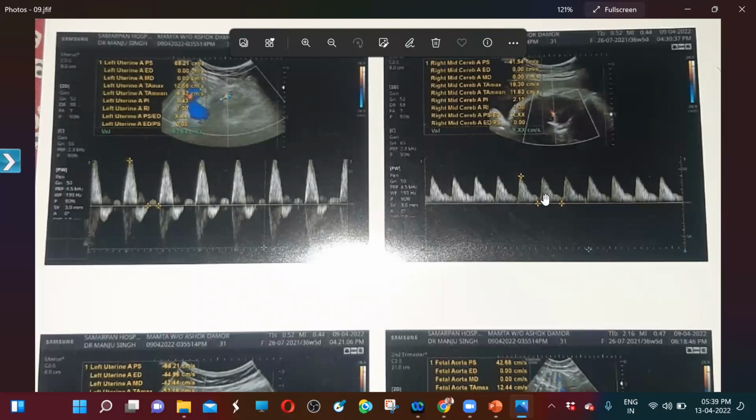So if the fetal aorta is normal, then we can wait for some time before termination. But if the fetal aorta is abnormal and this is the condition of the MCA, then that is a pre-terminal stage. So what will decide over here is the missing aorta. So this was about this case.